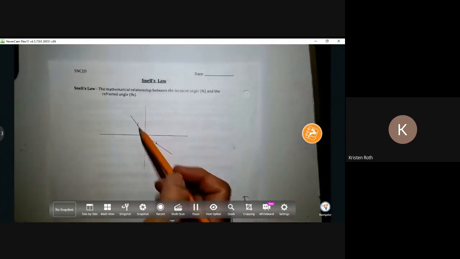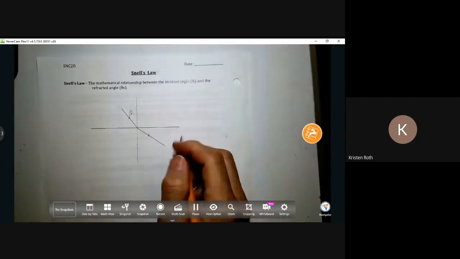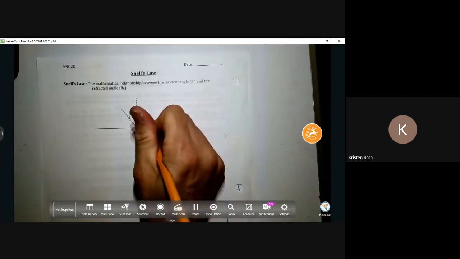Okay, now we talked about how light is changing direction when it enters a new medium. So there is a relationship that we can use between the incident angle, which is here, and the refracted angle, which is here, to find the index of refraction for one of the two mediums.